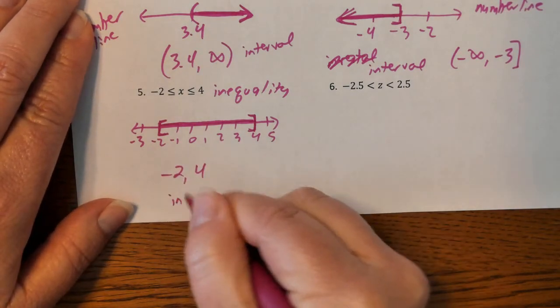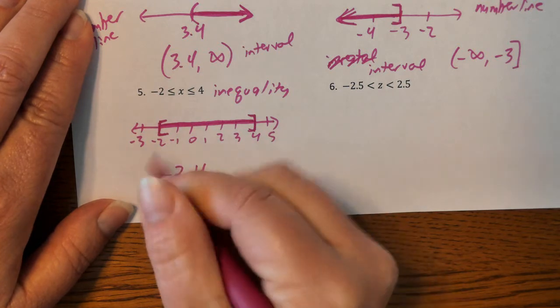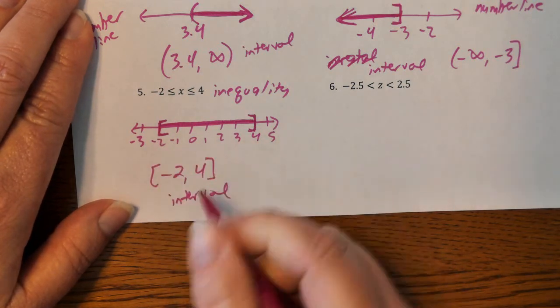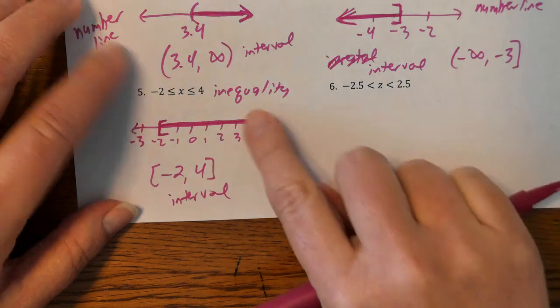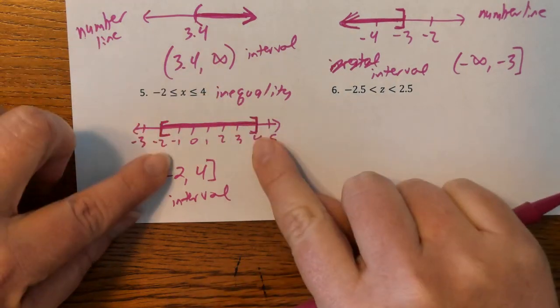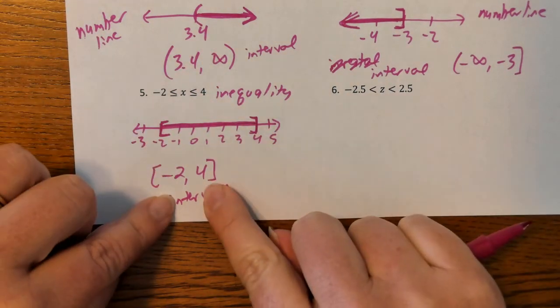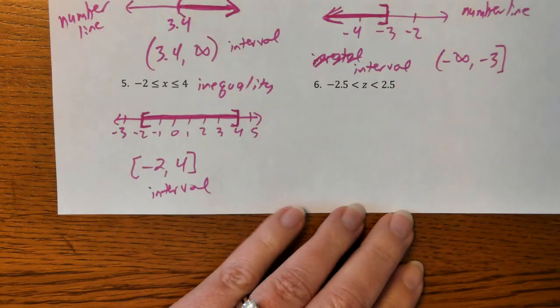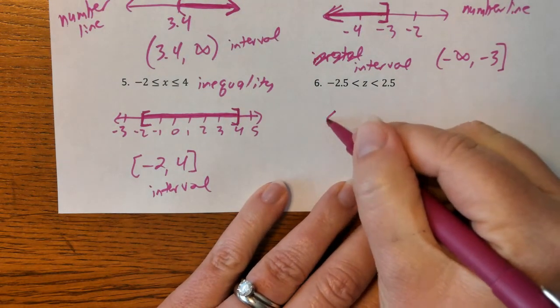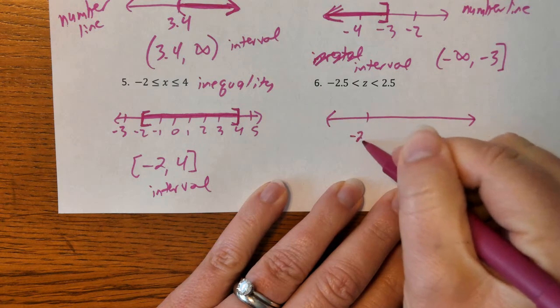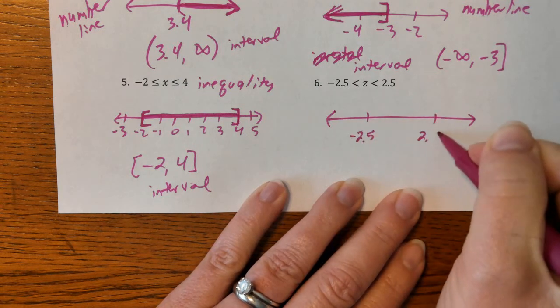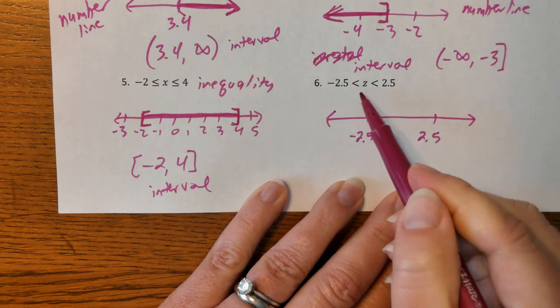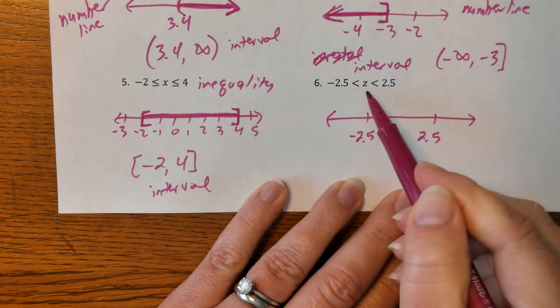So my interval is going to be bracket negative 2 to 4 with bracket. Since they both had equals on the inequality, they have brackets on the number line and brackets on the interval. Compare that to number 6, where we're shading from negative 2.5 to positive 2.5. But these do not have the equal to's on the inequality.